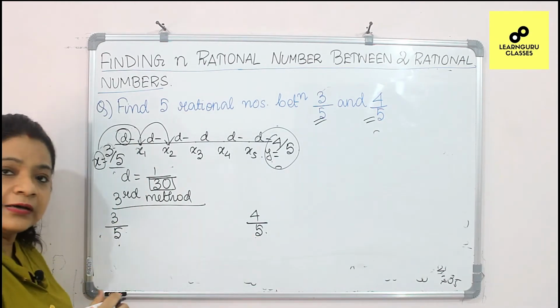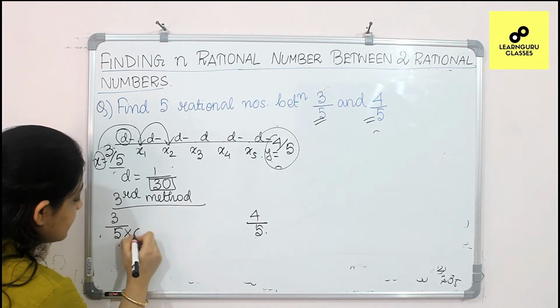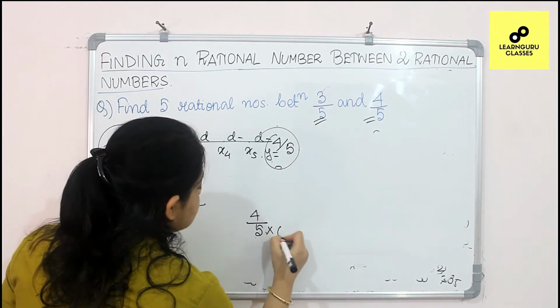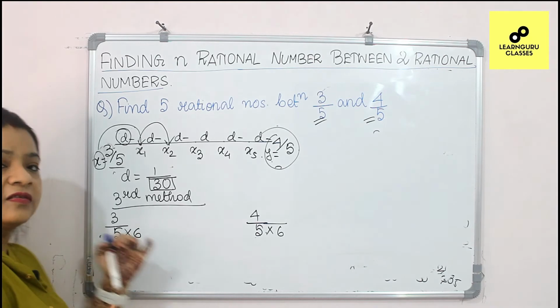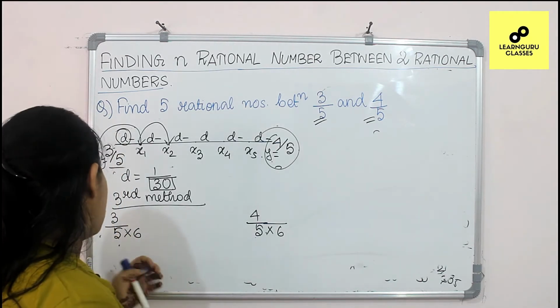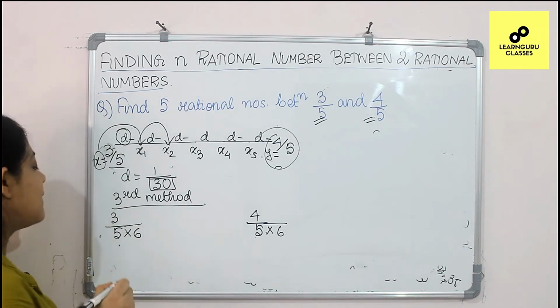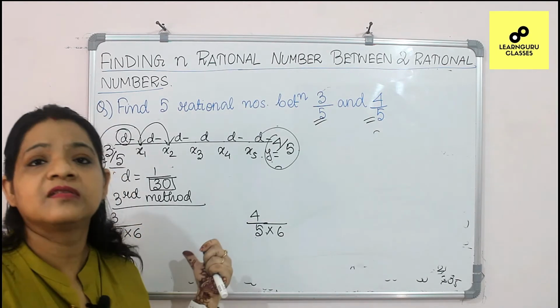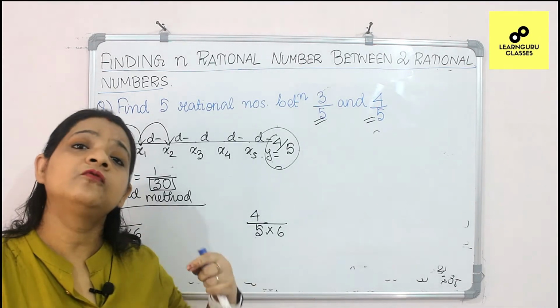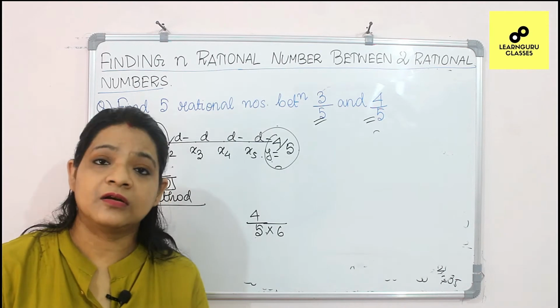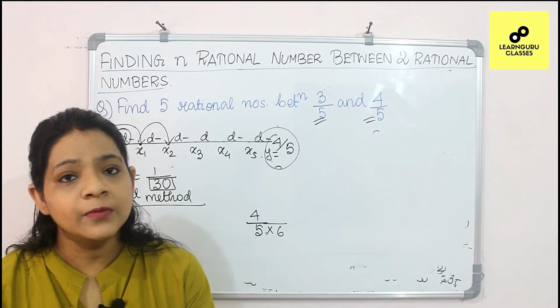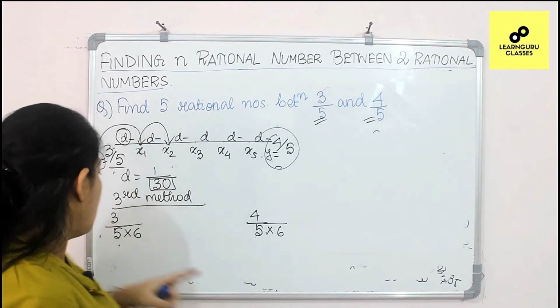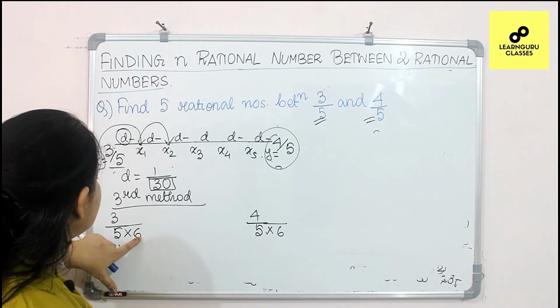So 5 6s are 30. So just write down 5 into 6, 5 into 6. Now this is a rule. The rule is that once you have multiplied the denominator with some number, you have to multiply the numerator also with the same number. This also you know. So I am multiplying the denominator with what?